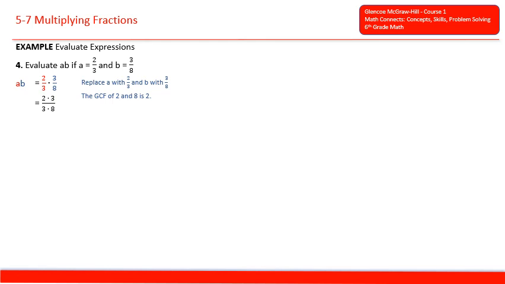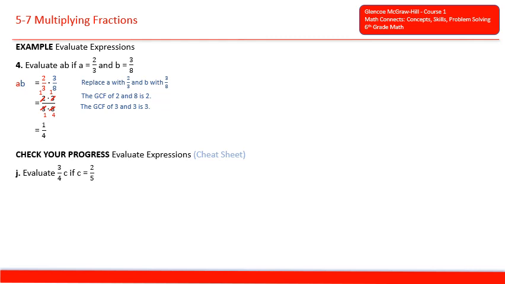So the greatest common factor of 2 and 8 is 2. 2 goes into 2 once, 2 goes into 8 4 times, and 3 goes into 3 once, 3 goes into 3 once, and if we multiply across, 1 times 1 is 1, 1 times 4 is 4, and that's our answer, 1/4.